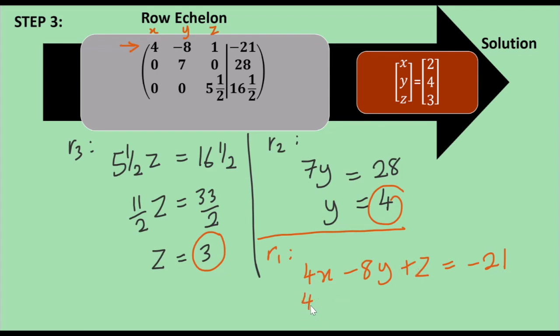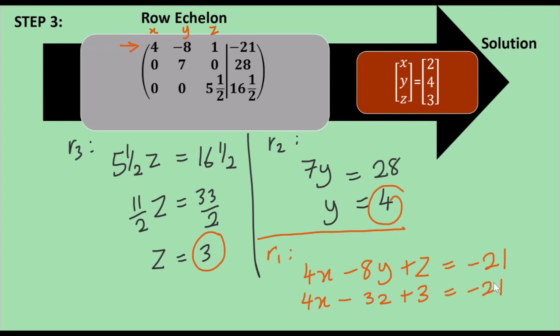And we have 4x minus 8 multiplied by 4 would be 32 plus 3 equals negative 21. So negative 32 plus 3 gives us negative 29.